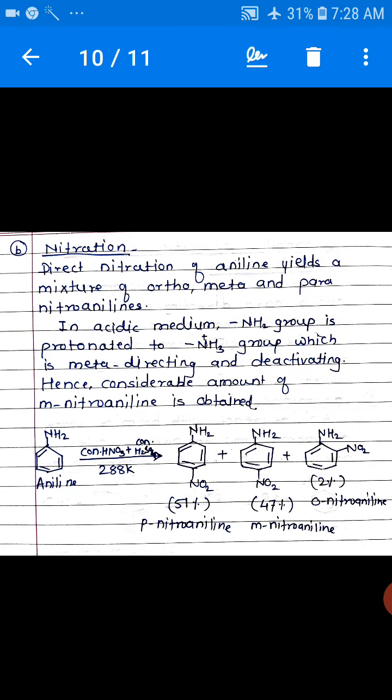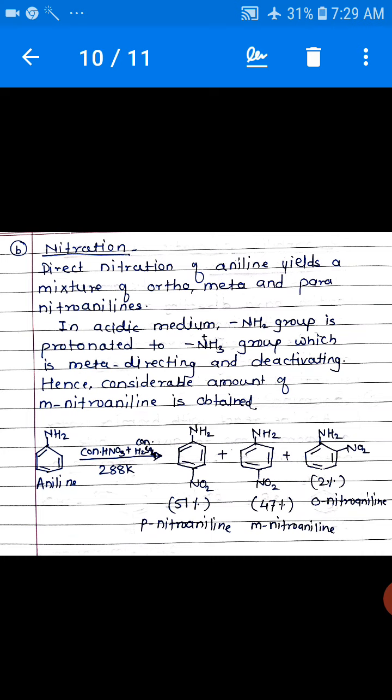Next reaction is nitration. Direct nitration of aniline yields a mixture of ortho, meta and para-nitroanilines. In acidic medium, NH2 group is protonated to NH3 plus, which is meta-directing and deactivating. Hence, considerable amount of meta-nitroaniline is obtained.